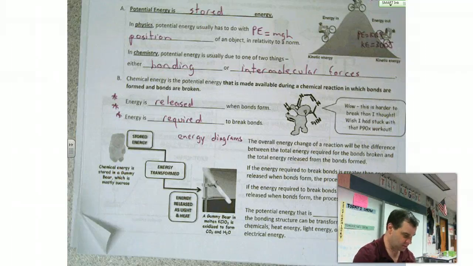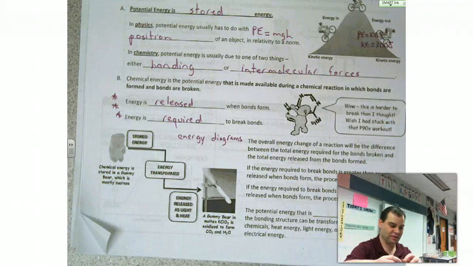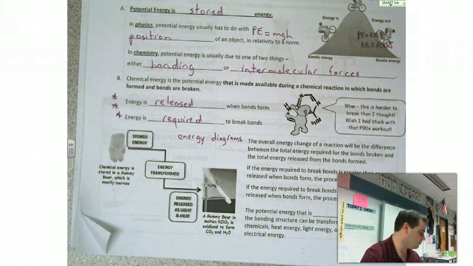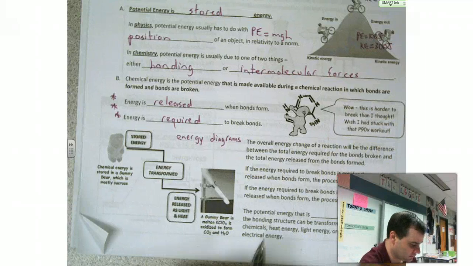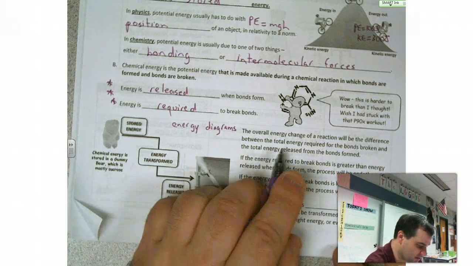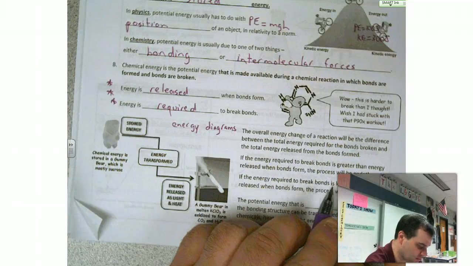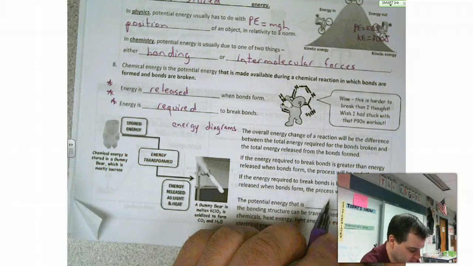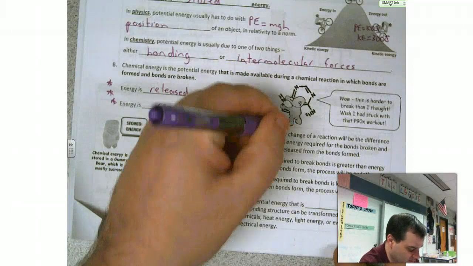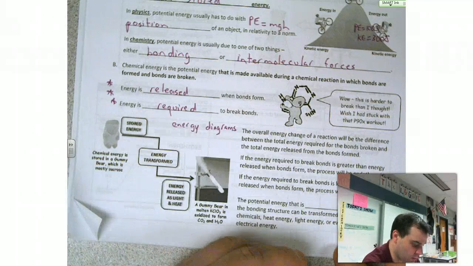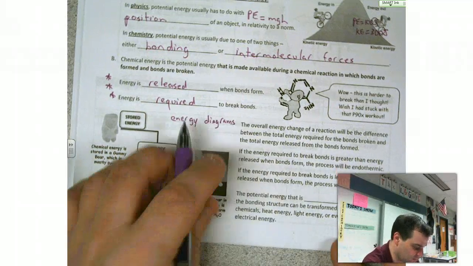And when I'm putting it back together, energy is released. The overall change in the reaction will be the difference between the total energies of bonds broken and bonds formed. Eventually we're going to get to an equation for delta H.